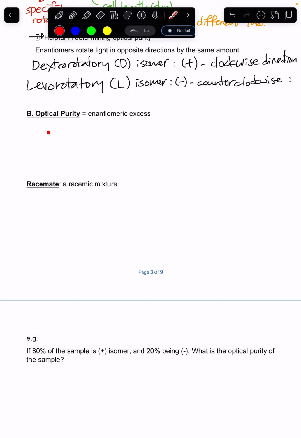And so how is this defined mathematically? It's the observed specific rotation divided by the pure enantiomer's optical rotation times 100%.